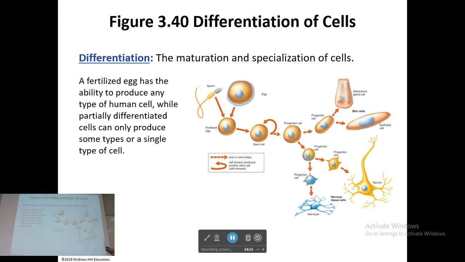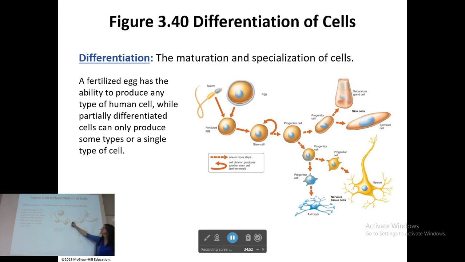Okay, differentiation, maturation, and specialization of cells. So again, if we go back here, the fertilized egg is called the zygote, okay? And the zygote is then going to begin to divide and produce these stem cells. Then the stem cells are going to divide and produce more stem cells and also progenitor cells.